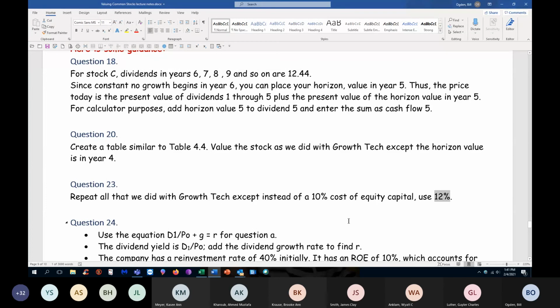Now you might recall on my spreadsheet, I took a separate cell and entered the cost of capital, and then I referenced that cell every time I had a cost of capital. So if this were me and I had to work this assignment, all I have to do is go back to that cell and change this 10% to 12%, and I can answer all the questions. But if you don't, I hope you can at least follow what we did, because you have to repeat every one of those steps, only using 12% instead of 10.